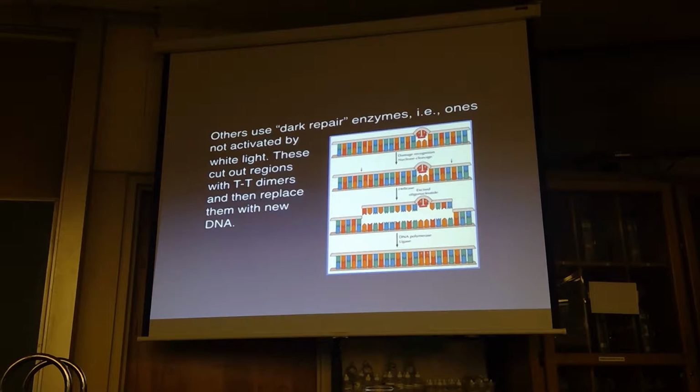There are also bacteria that use enzymes involved in dark repair. This is a little more complex. If they use dark repair enzymes, they don't require dark, they just don't require light. What they will do is recognize a portion of the DNA that's damaged, and they'll cut the damaged strand and take out a section, removing the damaged part where the dimer is, and then the complementary strand will code for a new strand of DNA, and they'll put it back properly.